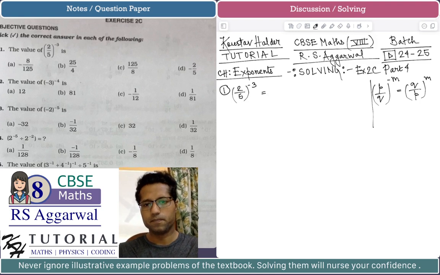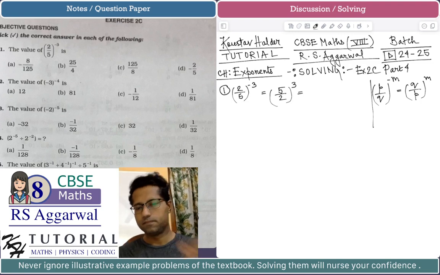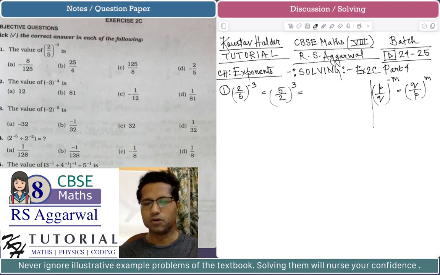So this will be 5 by 2 raised to the power 3. Now you break up the exponent form into rational form by using the formula x by y, a rational number, to the power m is nothing but x to the power m divided by y to the power m.